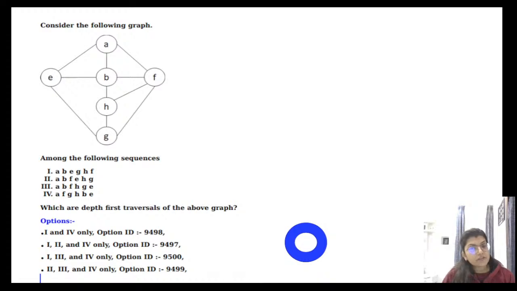So depth first traversals, name से you can understand depth first, मतलब we are going to the depth. पहले हम depth में जाके उसको पूरा explore करेंगे and then we'll move to the neighbor part.